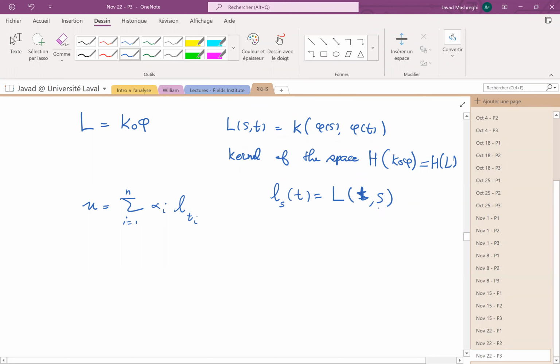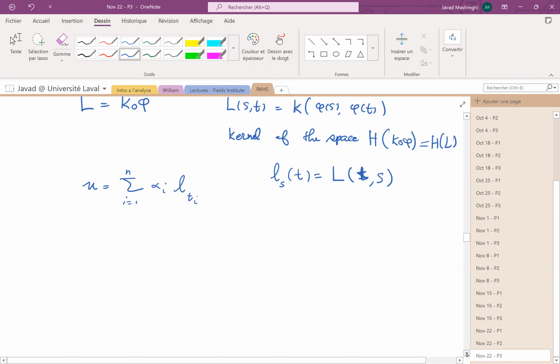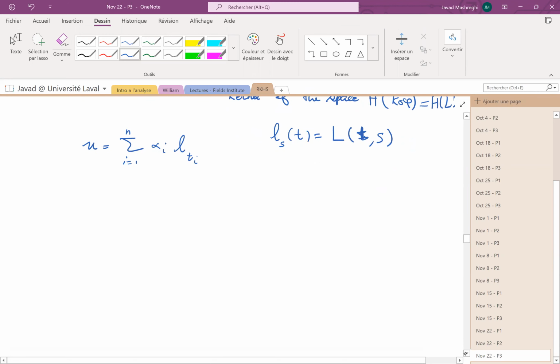So this is a finite linear combination of kernel functions. And for this, we have an advantage. We can calculate the norm of U in the space H of L. Why?